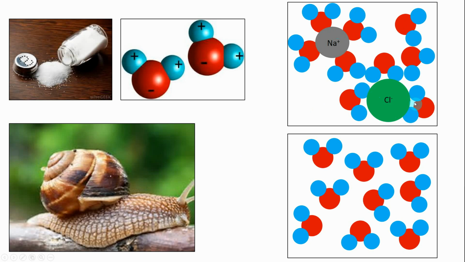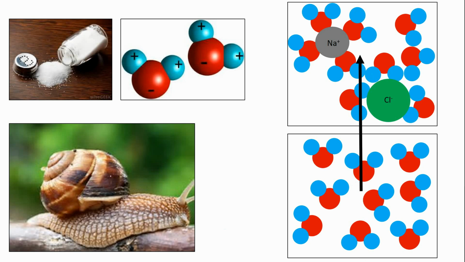The positive hydrogens are going to come to the chlorine of the salt, and you're going to start seeing here we have gaps. We have gaps over here, and because we have gaps over here, the water is going to flow from the snail through the skin and out to the salt. So you've actually desiccated the snail.